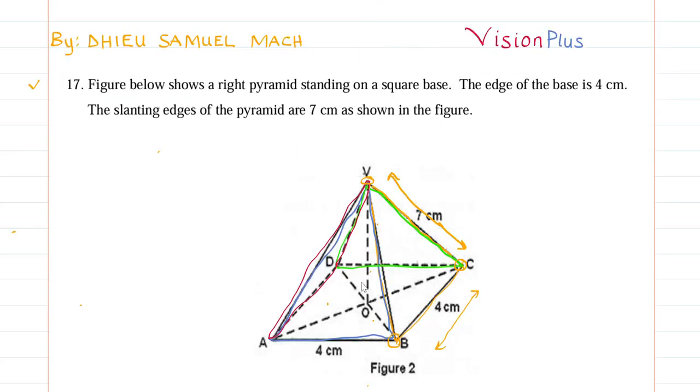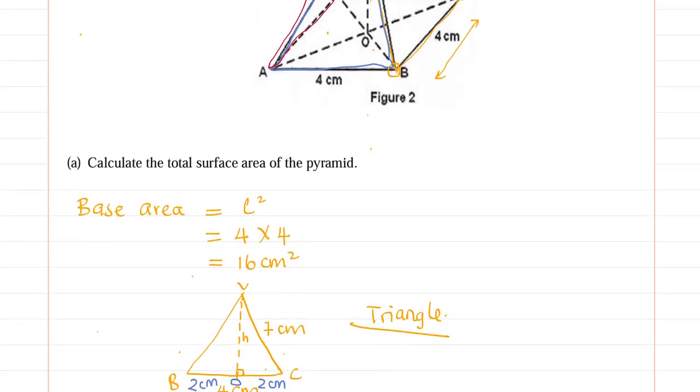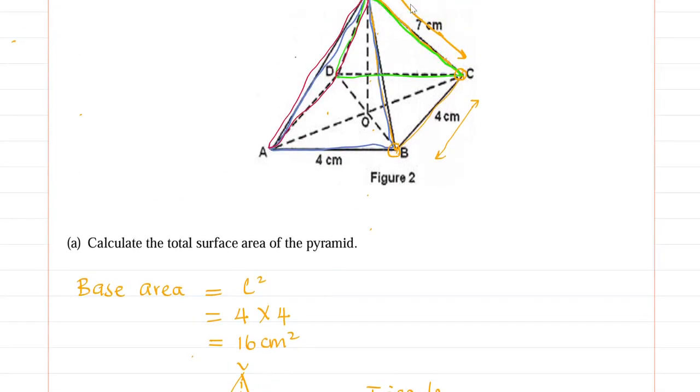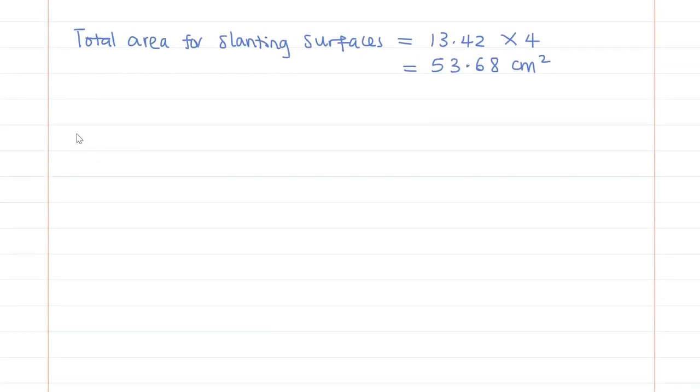But remember, the pyramid has a base, the base A, B, C, D, and the area of the base was 16 centimeters squared, right? So the total surface area becomes the sum of the areas of the slanting surfaces, 53.68, plus the area of the base, 16 centimeters squared, and then you add.